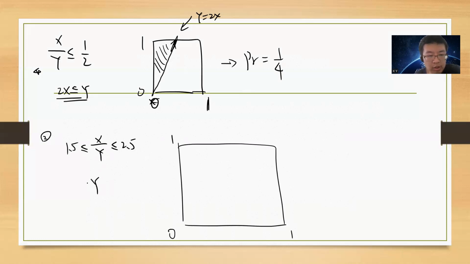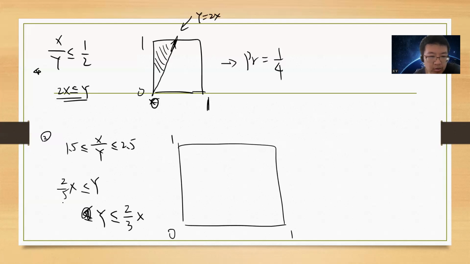We need y greater than or equal to 2 divided by 5 times x, and y less than or equal to 2 divided by 3 times x. So we need to plot this in the 0 to 1 region and then see what the area is.